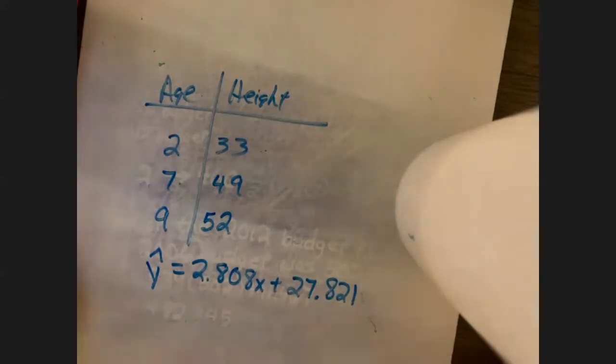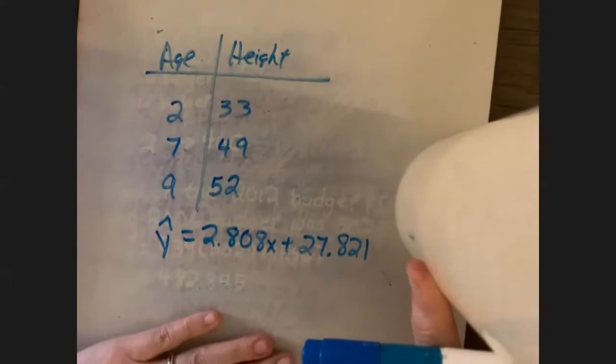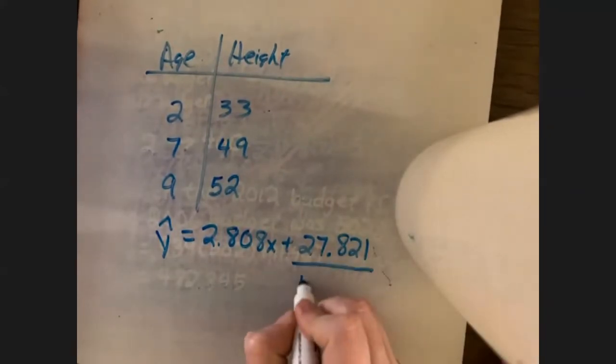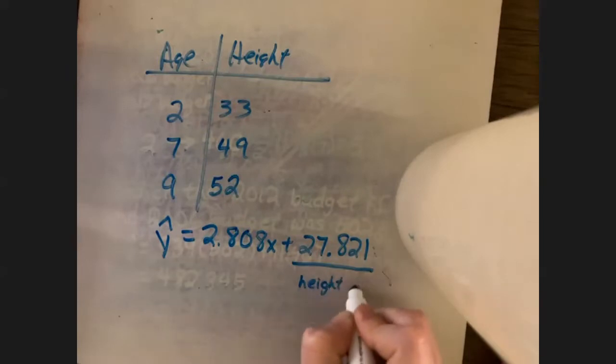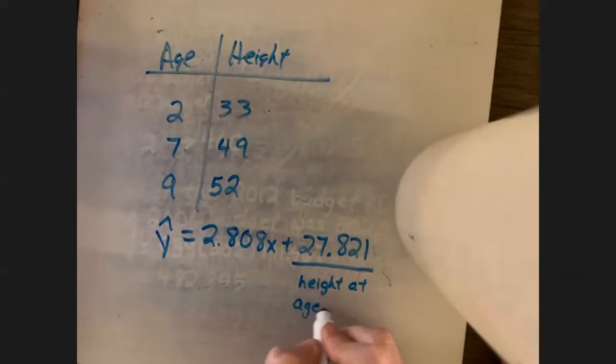Okay, so now let's do the interpretation here. This would be the height at age 0, since X is age. So this is something like how tall this child was when they were born.